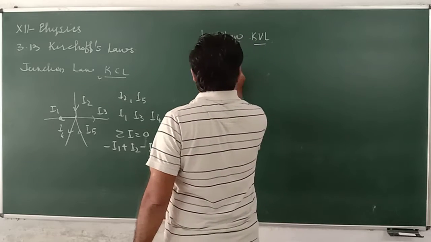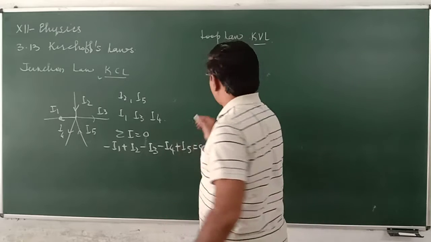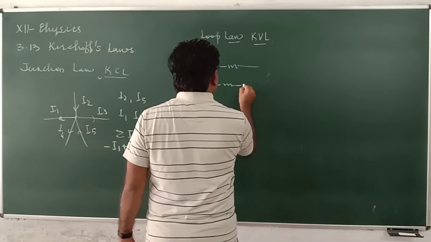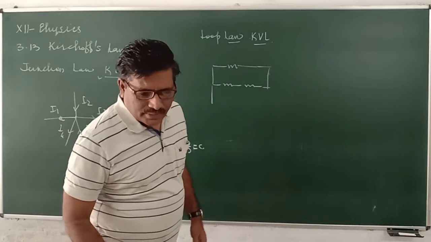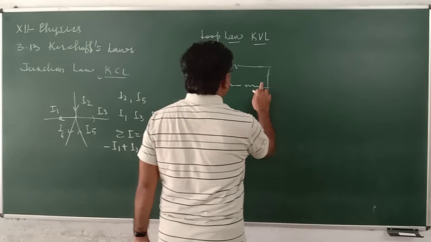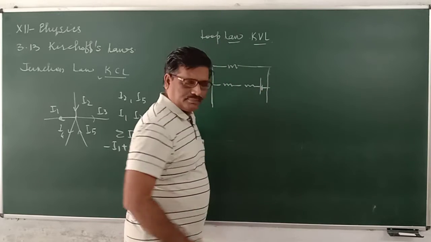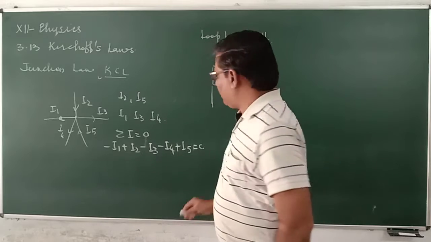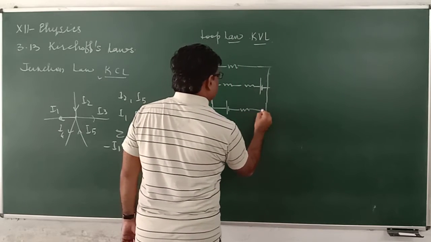In this figure, one resistance is connected here, then down another resistance is connected, there is a third one, then in this one a cell is connected, here also one cell is given, and then another cell, and here another resistance.